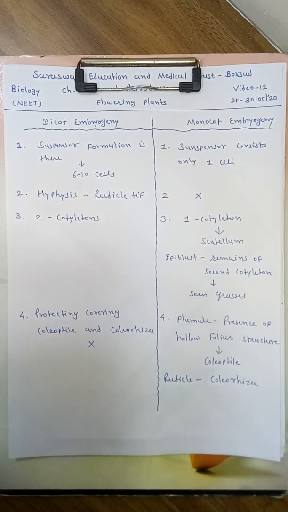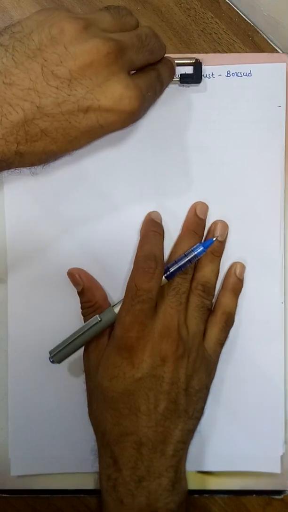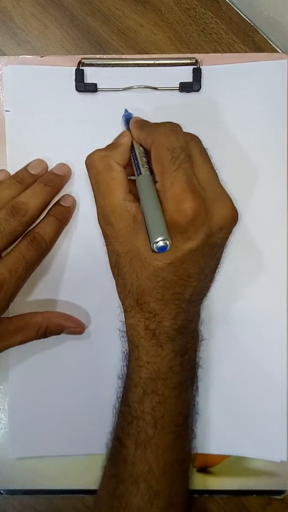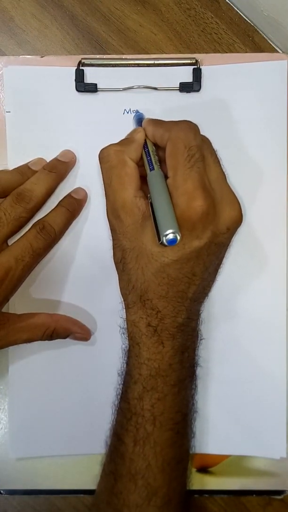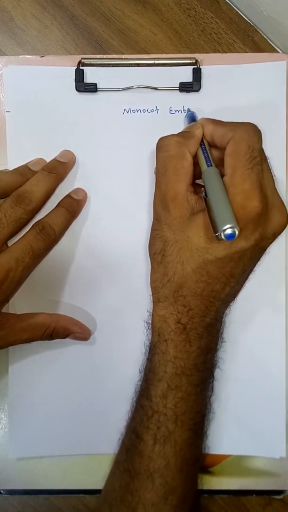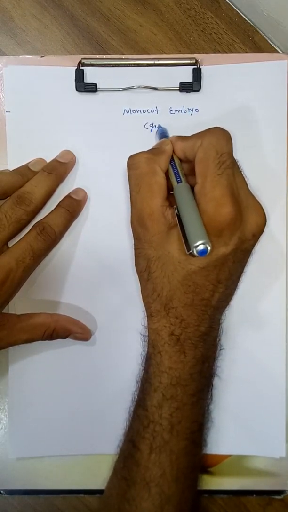Now we are going to discuss the structure of monocot embryo. Here we will discuss about the grasses.